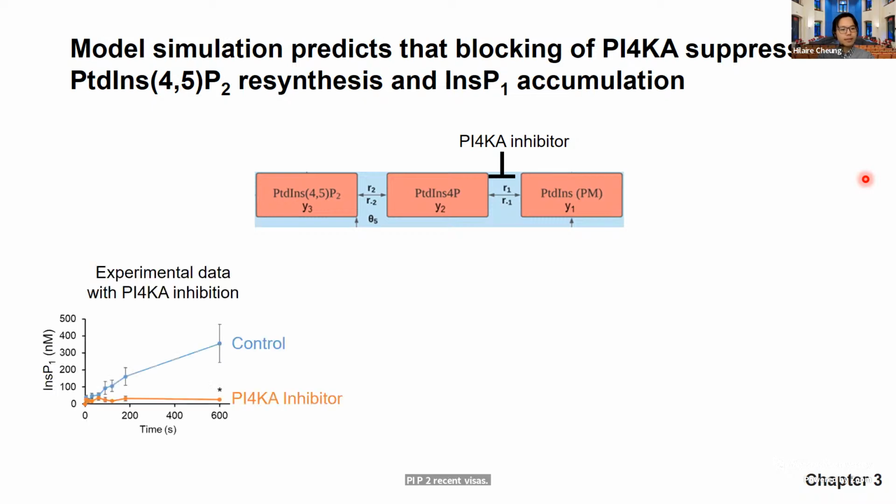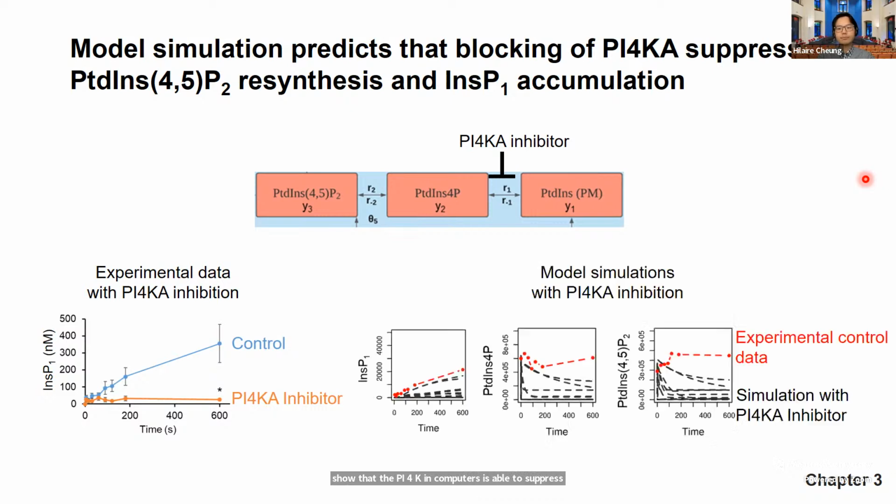In experimental data, we are able to show that the PI4KA inhibitor is able to suppress IP1 accumulation compared to control. Similarly, the model simulations are also able to show the inhibition of IP1 accumulation, and in addition, also predict the decrease in PI4P and PI(4,5)P2 compared to experimental control.